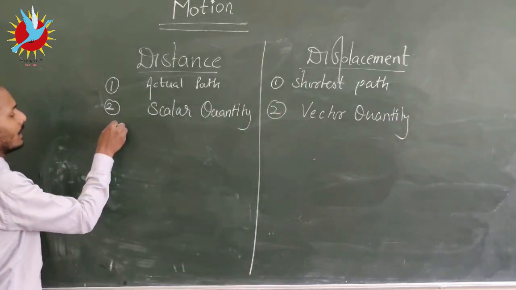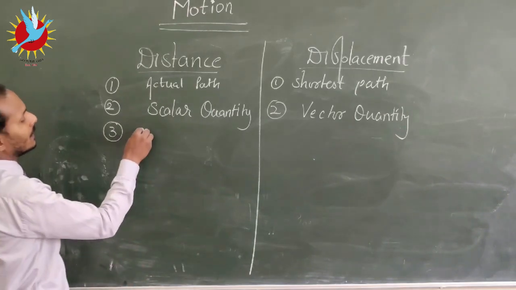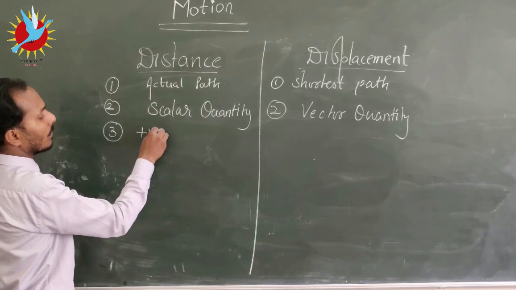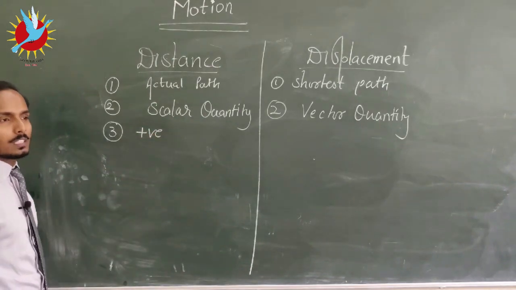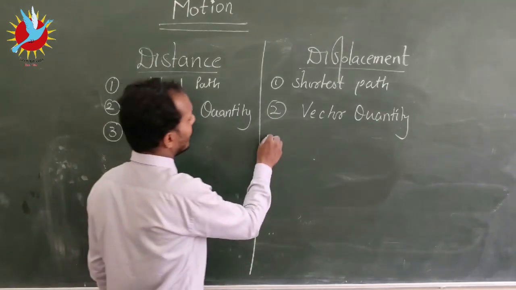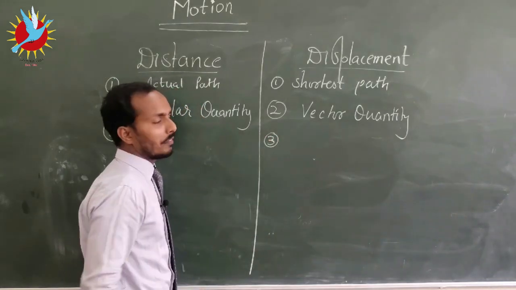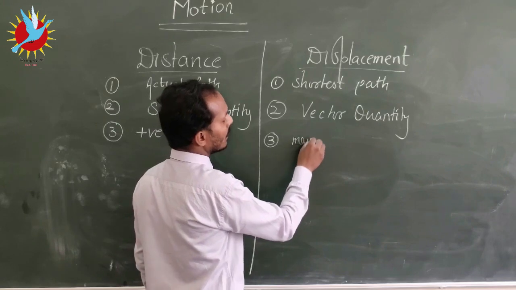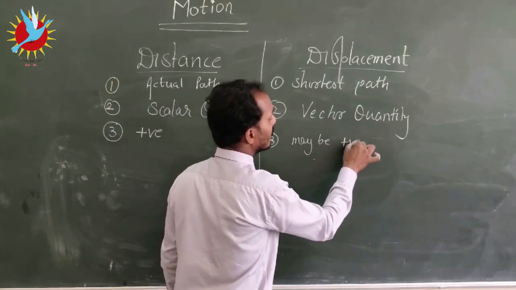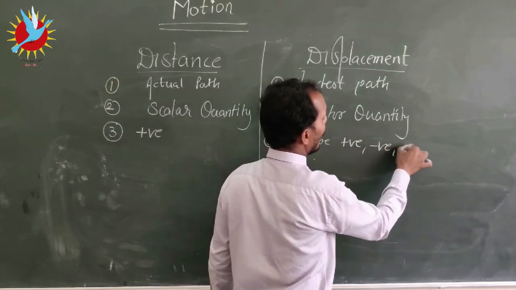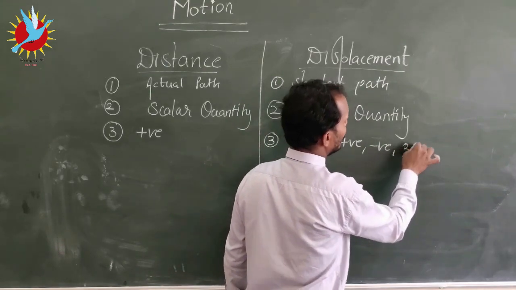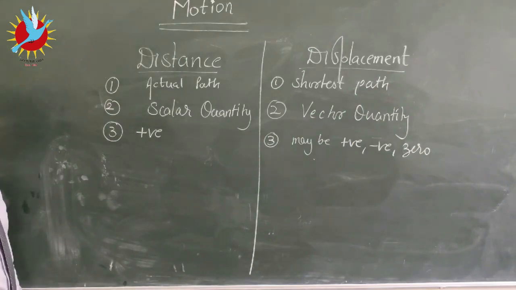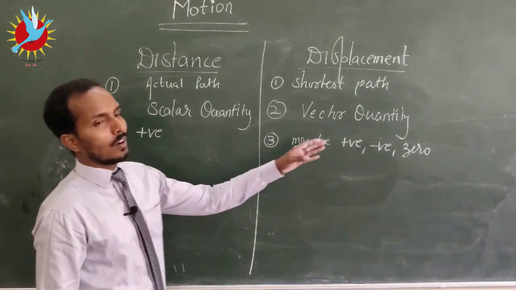With the help of examples we found that distance is always positive, and in the case of displacement we found that displacement may be positive, negative or zero. We take lots of examples.